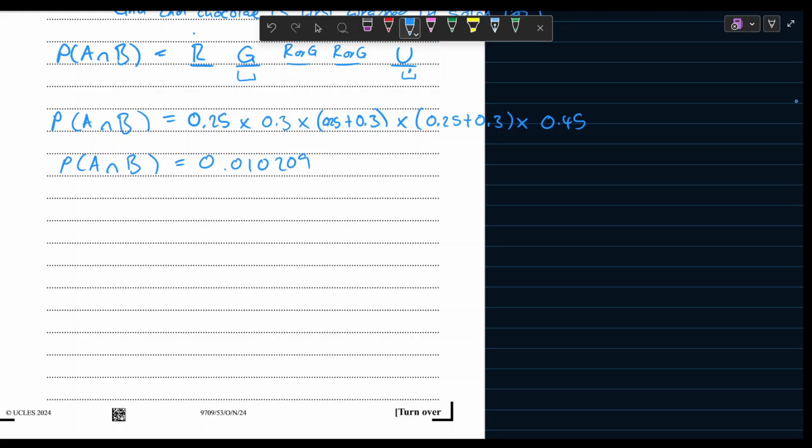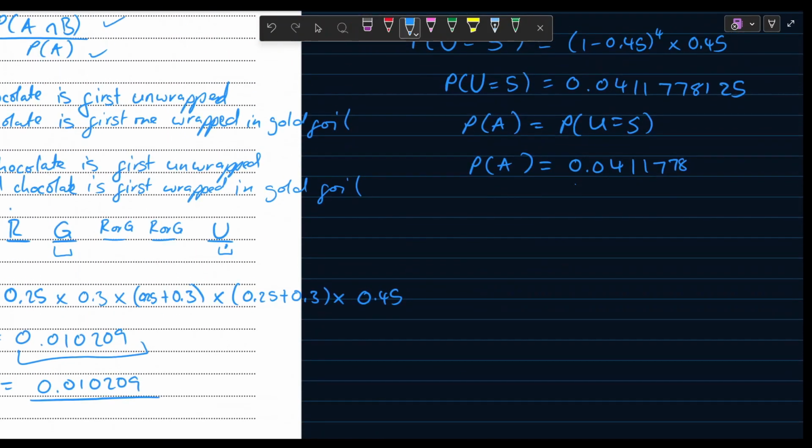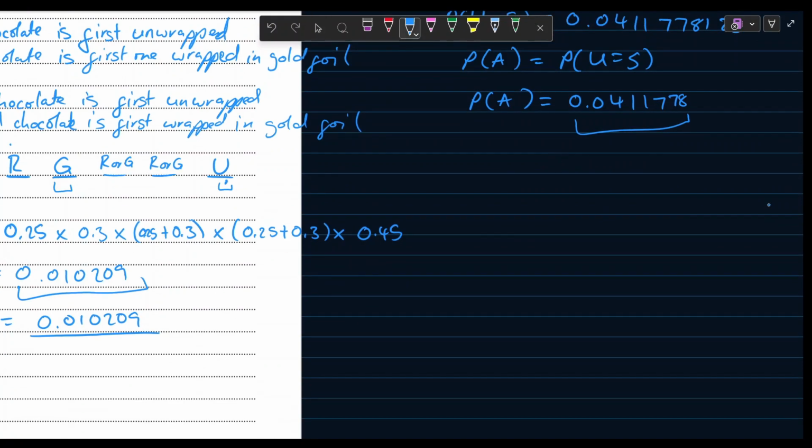0.010209. Okay, so we can now find the probability of B given A. This is equal to the intersection 0.010209 divided by the probability of A, which is our 0.0411778.